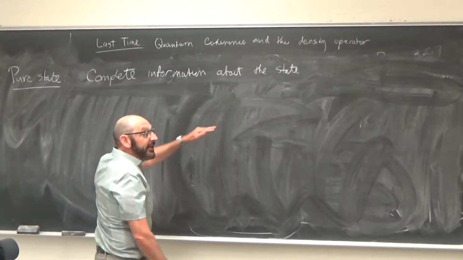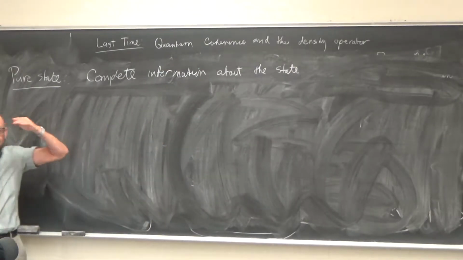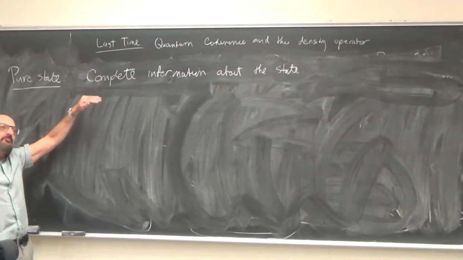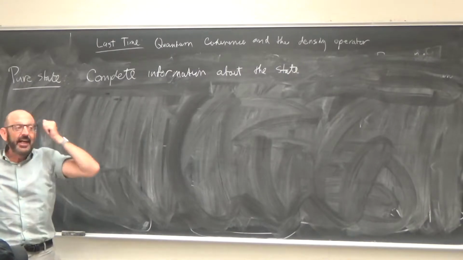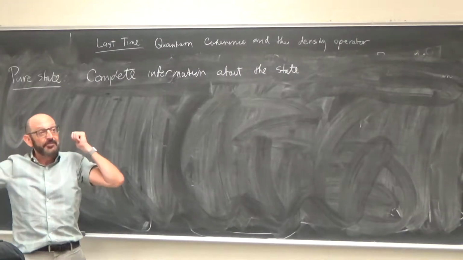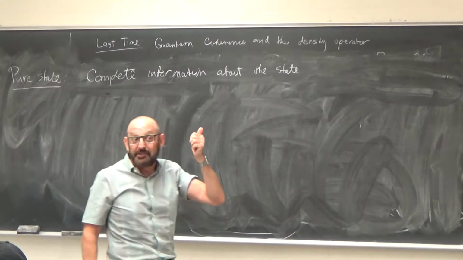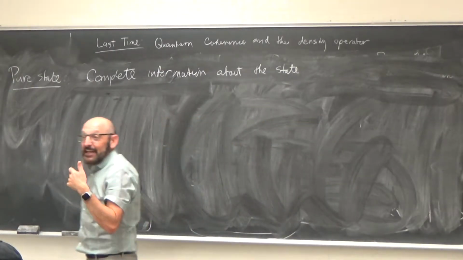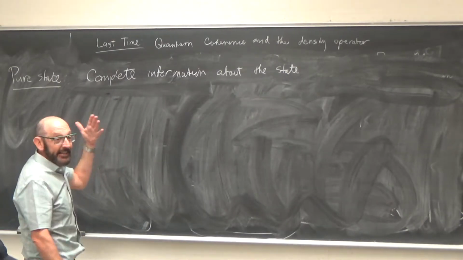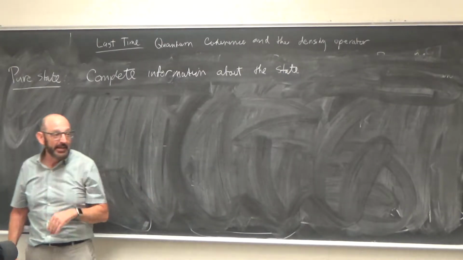Now, the craziness about quantum mechanics is that even if I have absolutely complete information about the state, it doesn't mean that the probability of seeing a certain measurement outcome is going to be deterministic. It can still be uncertain, even though I have absolutely maximum complete information.